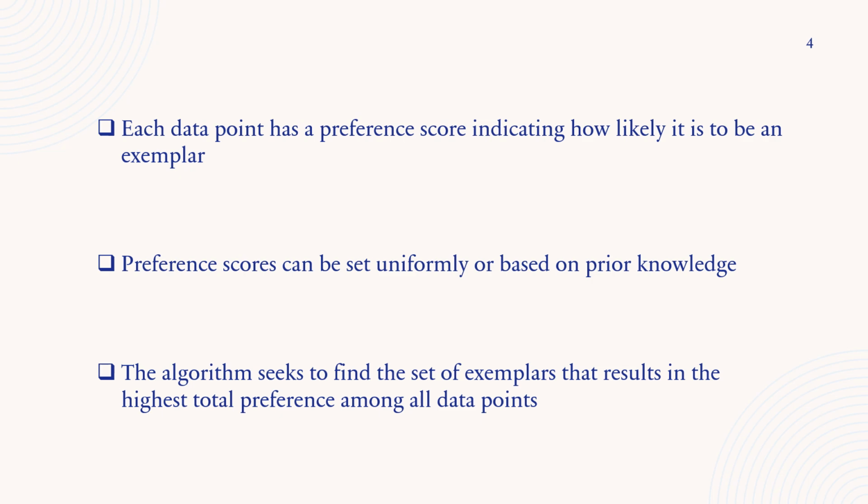Each data point has a preference score indicating how likely it is to be an exemplar or representative. Preference scores can be set uniformly or based on prior knowledge. The algorithm seeks to find the set of exemplars that results in the highest total preference among all data points.